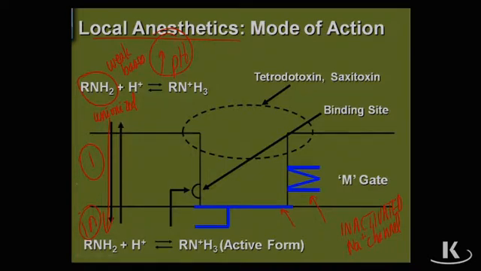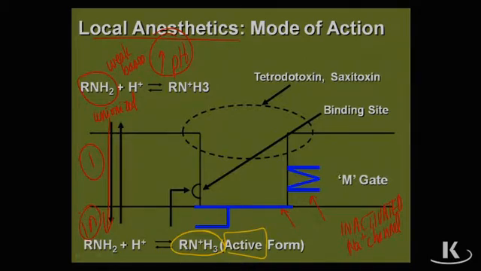Now, once inside the cell, here's the unbelievable fact to complicate our life for a board question. From within, it is the ionized form of the drug that is active. No kidding. It is the RNH3+ that is going to be blocking that inactivated sodium channel. We're in luck.